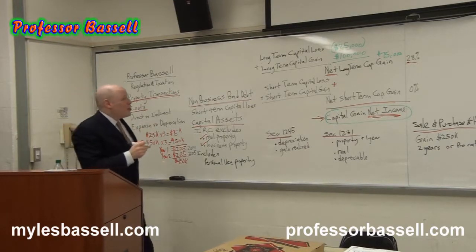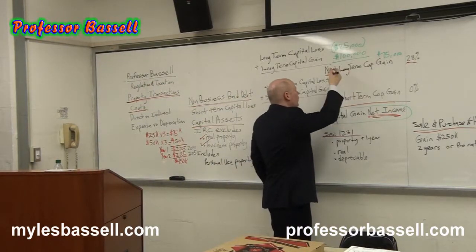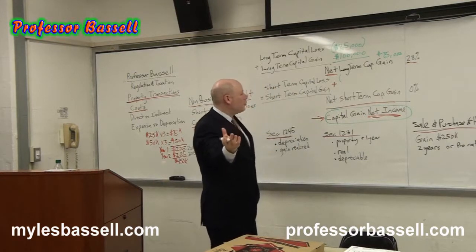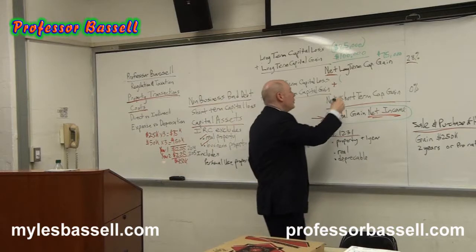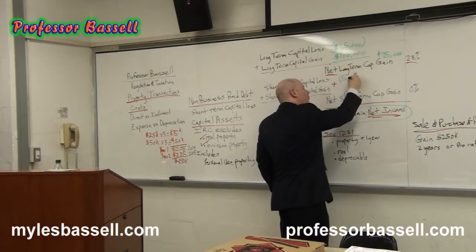So, as it turns out, our short-term capital loss, in this case, let's say we didn't have to hold the stock for very long. Let's say in this scenario, we held it for 9 months. How much was our loss? $5,000.